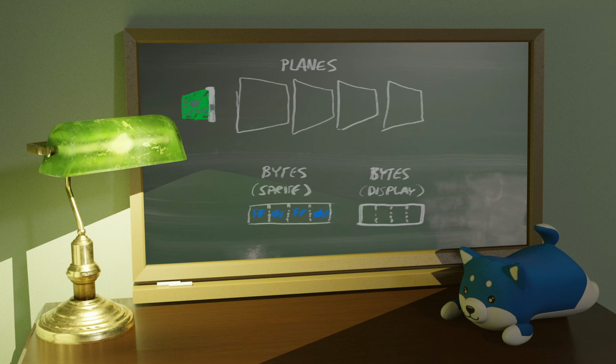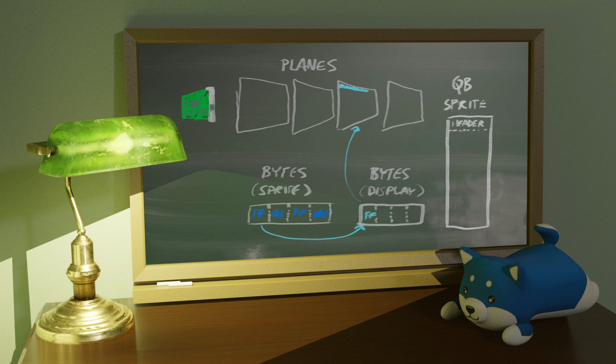Here is where this being EGA and a planar graphics mode really starts to bite. When I write a byte to a plane, I'm writing to 8 different pixels at once. And with a sprite that came from a QBASIC program, that would be fine, because QBASIC stores them with this in mind, and arranges them in planes already.